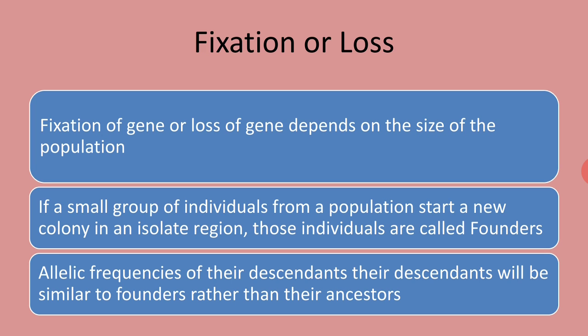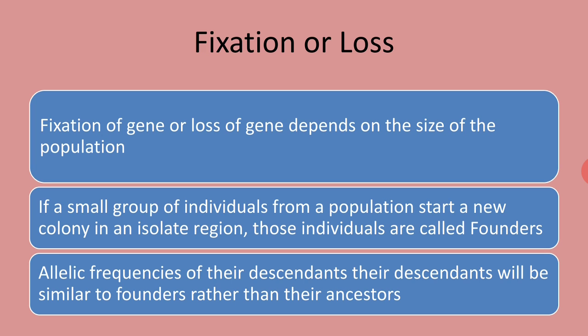Fixation or loss of a gene depends on the size of the population. If a small group of individuals from a population start a new colony in an isolated region, these individuals are called founders. Founders are nothing but a small group of individuals who got separated from the parent population.